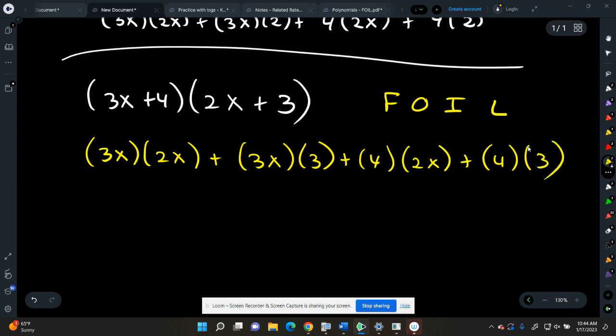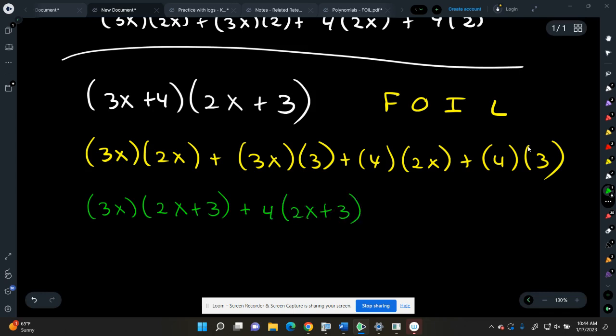That's our FOIL method, okay? Now, if you want to write out the in-between step, that's perfectly fine. So that means we would do 3x times the entire other parenthesis. And we're going to do this when we do other polynomials, so this is fine. And then 4 times the other parenthesis.